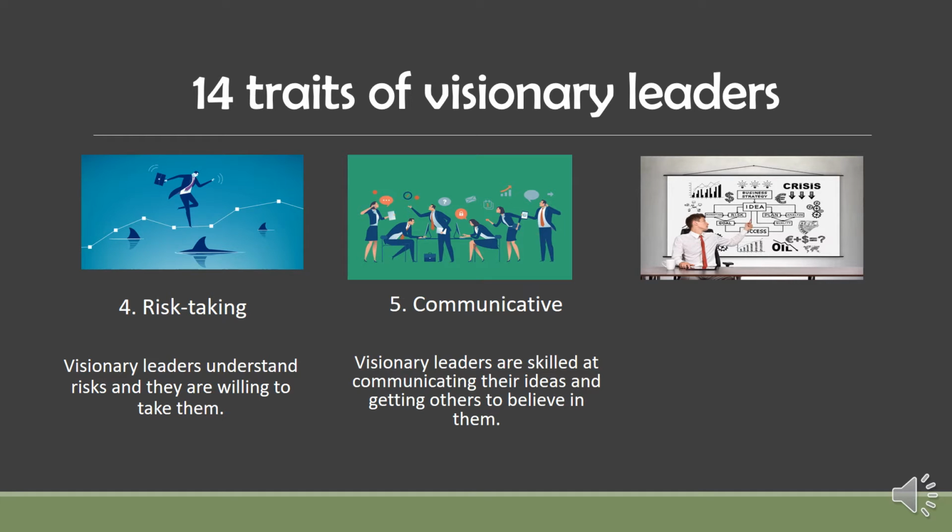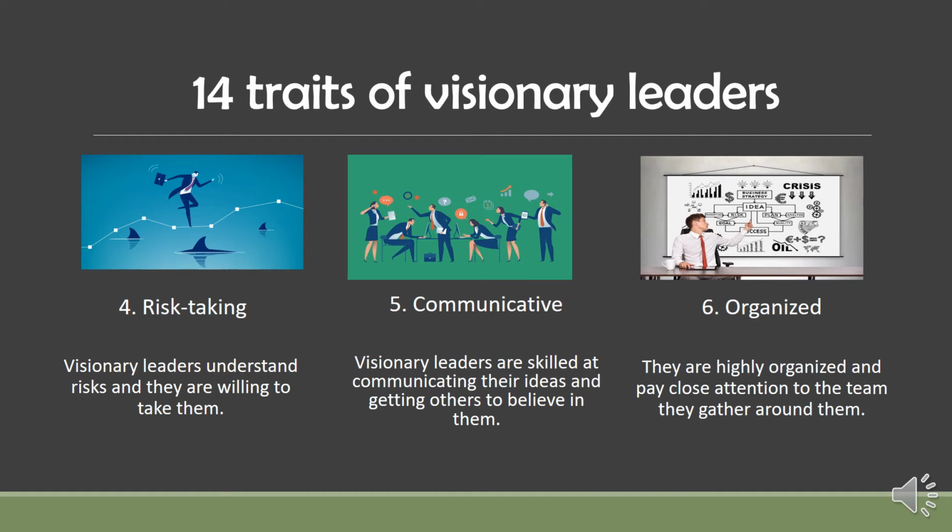Fifth is communicative. Visionary leaders are skilled at communicating their ideas and getting others to believe in them. Organizations need a vision, but they also need leaders who communicate that vision. Visionary leaders articulate their vision clearly to inspire others to join them on their journey.